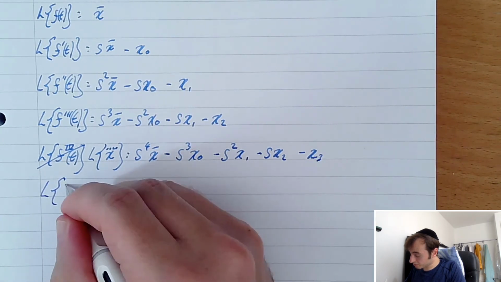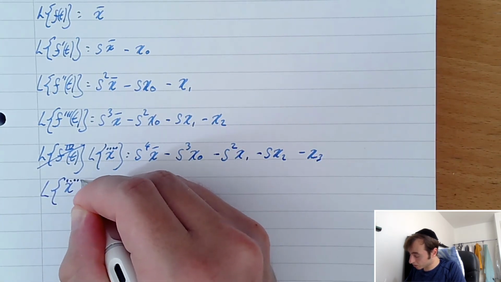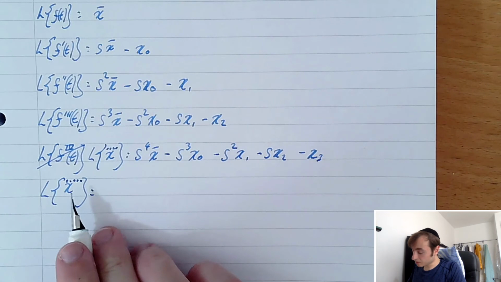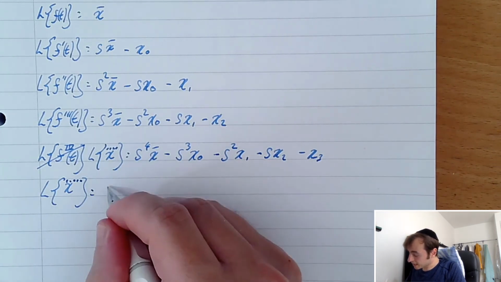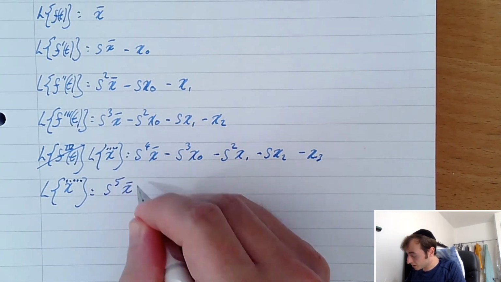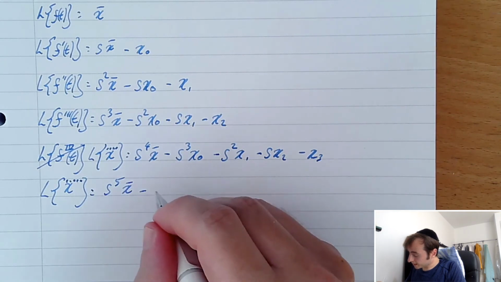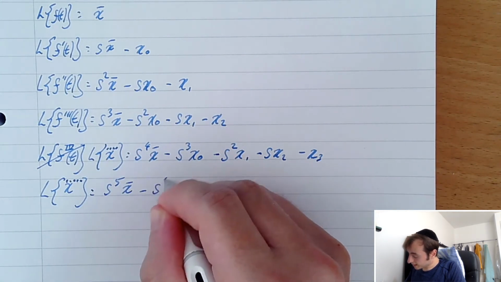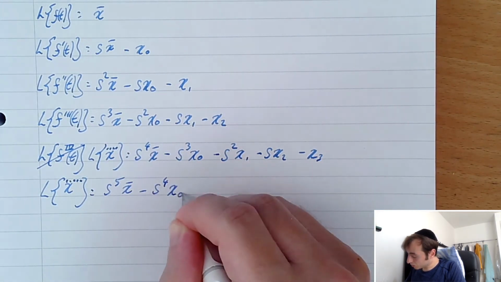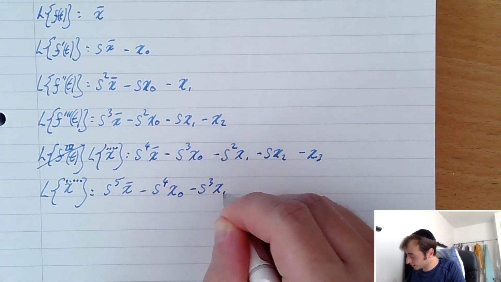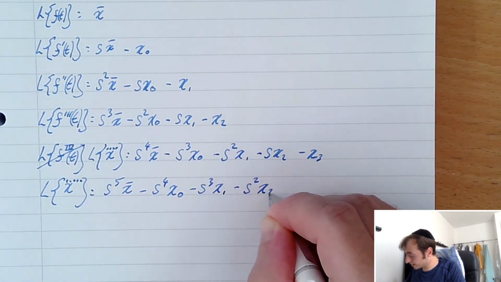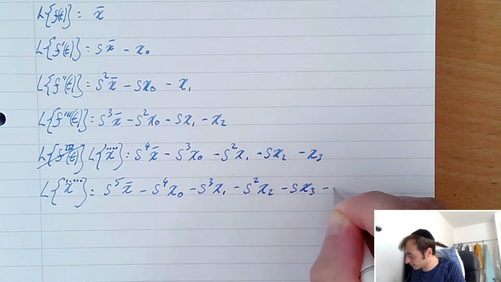Let's go to the fifth derivative, x with five dots. The Laplace transform of the fifth derivative is now going to be s to the power of 5 x bar minus s to the 4 x 0 minus s to the 3 x1 minus s squared x2 minus s x3 minus x4.